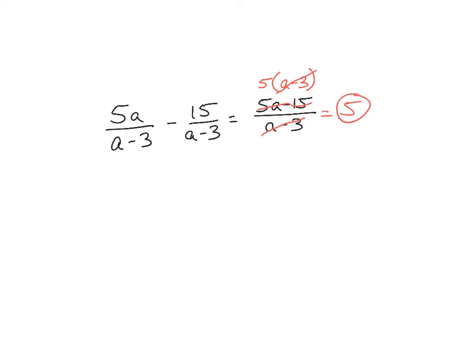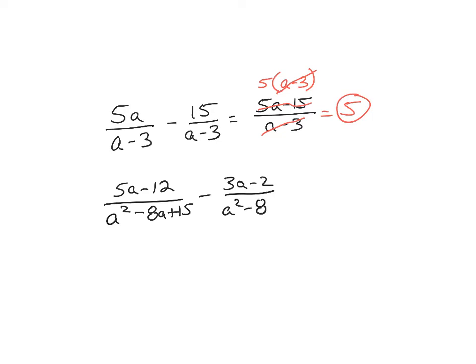Here's another example. If I have 5a subtract 12 over a squared minus 8a plus 15, and I want to subtract 3a minus 2 over the same denominator, a squared minus 8a plus 15. Once again, I am just going to subtract those numerators.